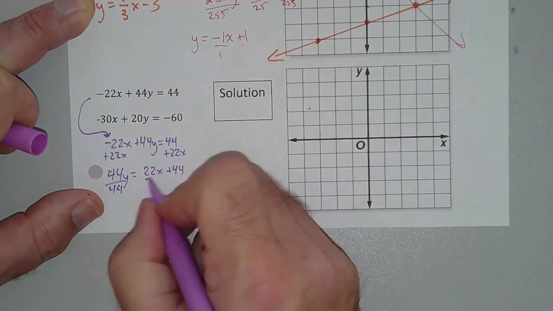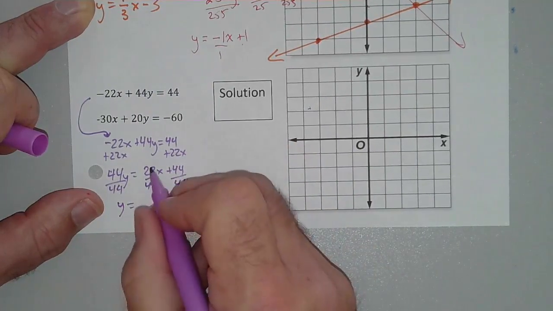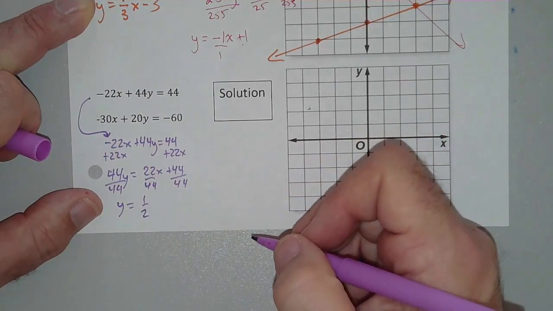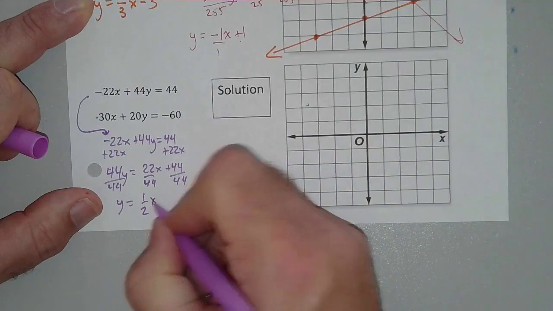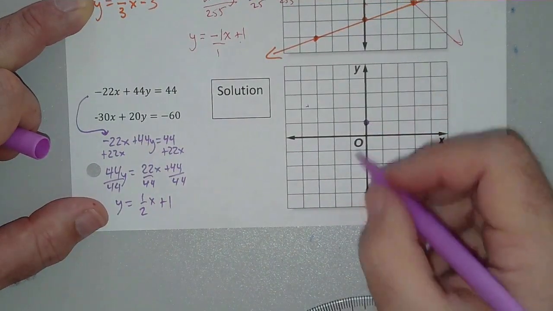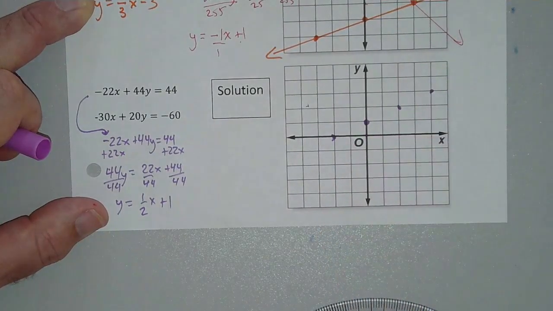Divide by 44, divide by 44, divide by 44. Y equals how many? Okay, so 1/2, right? 2 22s is 44. X plus 1. I'm going to go and graph it now, too.